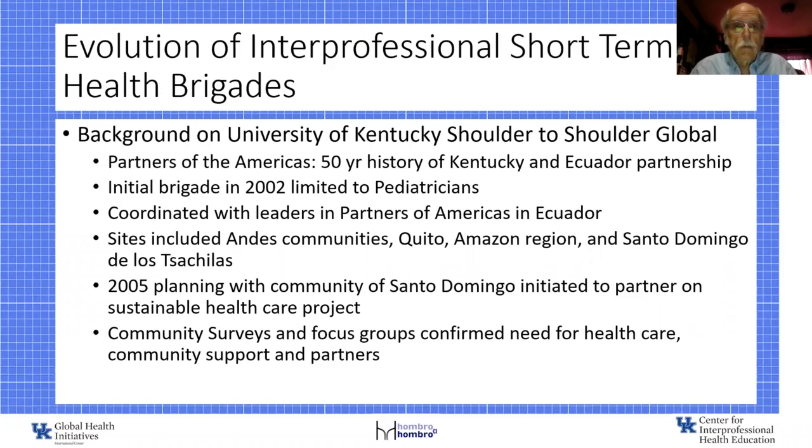There was actually a chapter in Santo Domingo where we began initial exploration of the potential of a longer term project, because it became clear that just taking a short-term trip for a week and coming back home was not the ethical way to do global health. So we did some initial service and focus groups to see what the need was in the community and what the community would like us to do. So next slide, please.